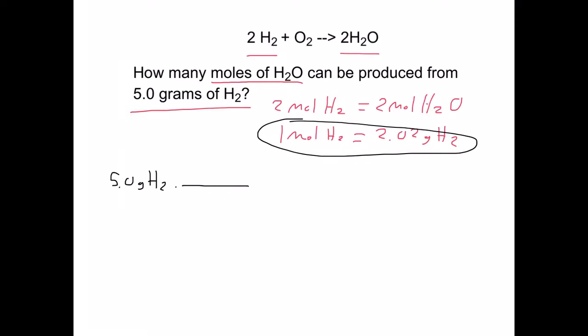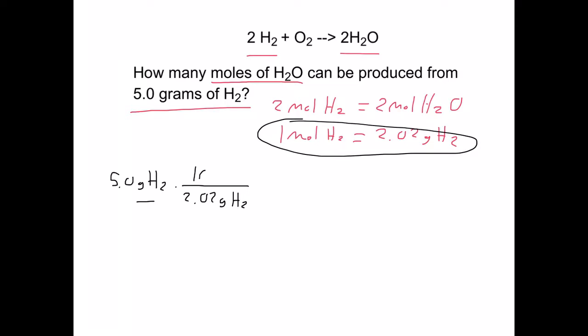So 1 mole is 2.02 grams, and we have 5 grams. So we can see already that we have more than 1 mole, but we're not sure exactly how many moles we have. Since we're starting with grams of H2, we will have to put the 2.02 grams of H2 on the bottom so that the grams and the H2 cancel out in our calculation.